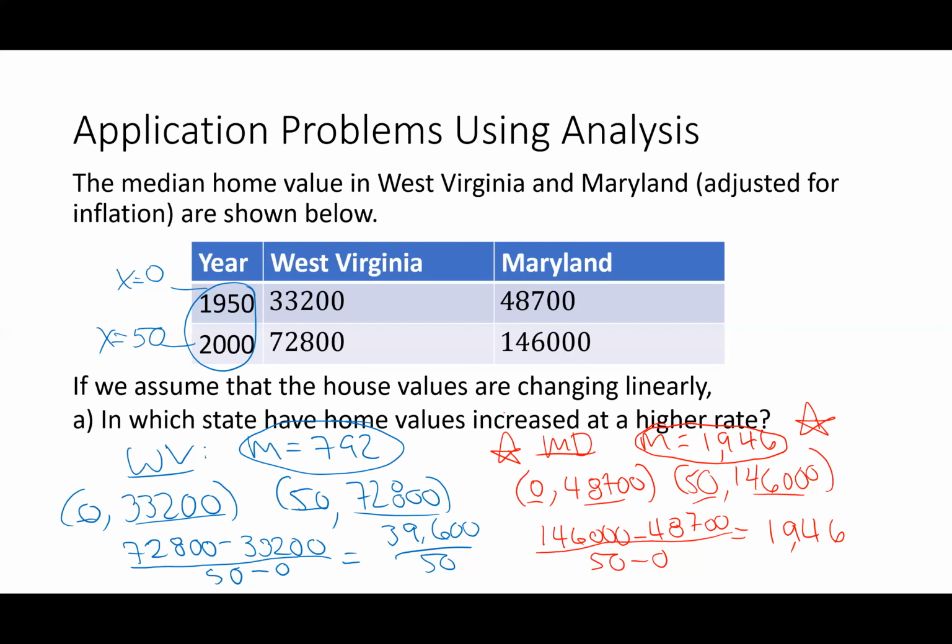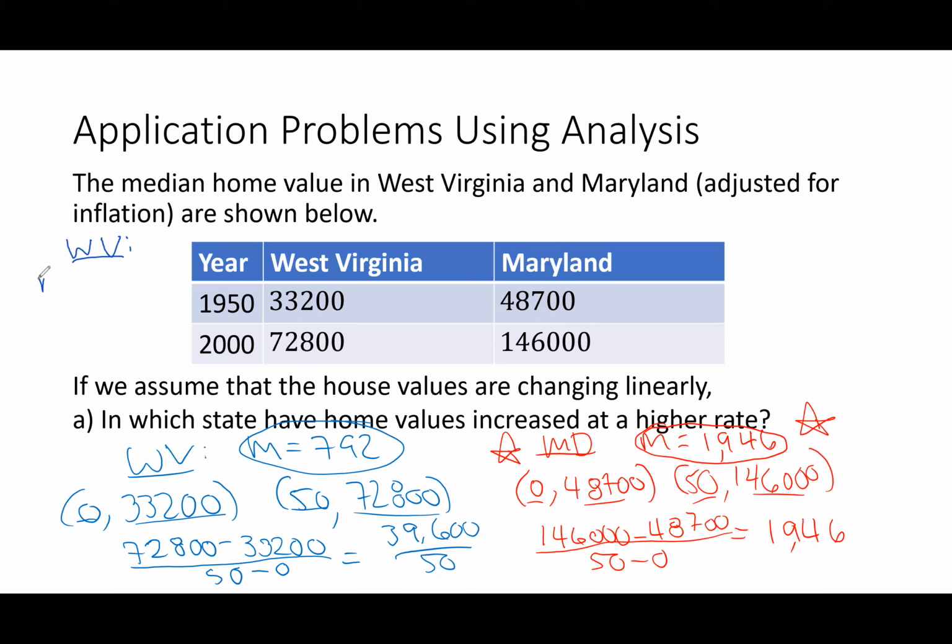Okay. So let's just go ahead and document this, just so that we have it kind of at the ready here. You're going to see that I'm going to use a different notation tool here because I want to keep this on each slide. So for West Virginia, our rate was 792.